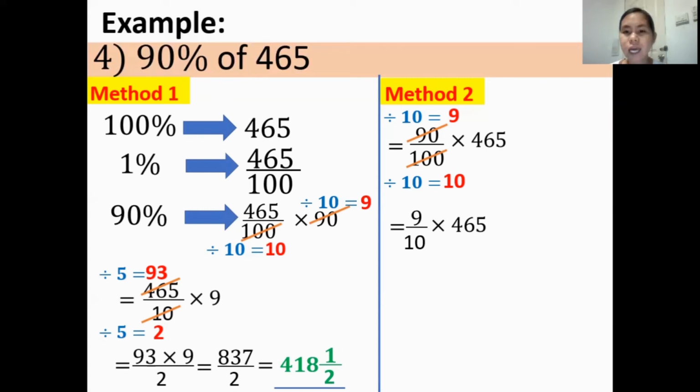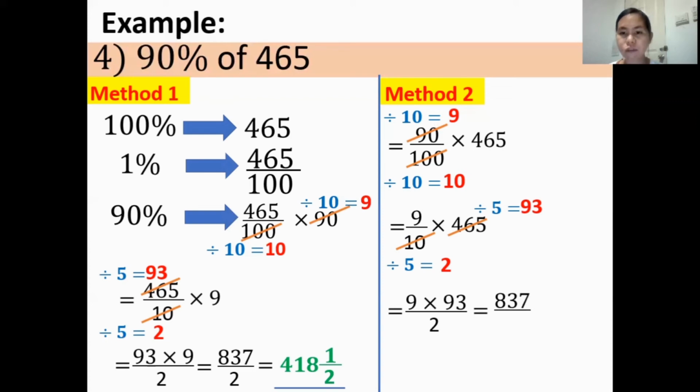Again, 10 and 465 are divisible by 5. So 10 divided by 5 equals 2. 465 divided by 5 equals 93. So the remaining numbers are 9 times 93 over 2. So again, multiply the numbers in the numerator. 9 times 93 equals 837 over 2.